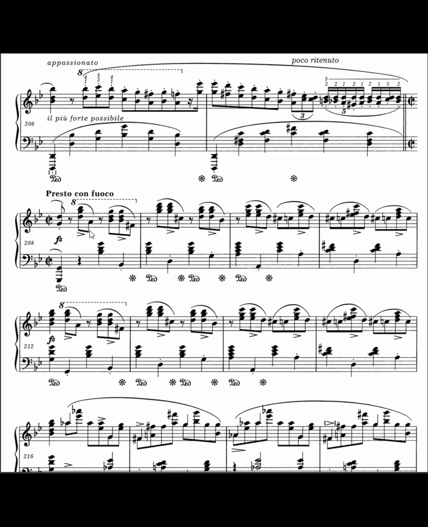These cells are differentiated with the accents. The first cell has the first chord accented, and this one has the second chord accented. When it comes to the accompaniment, we're beginning on a weaker beat, so that's another innovation.